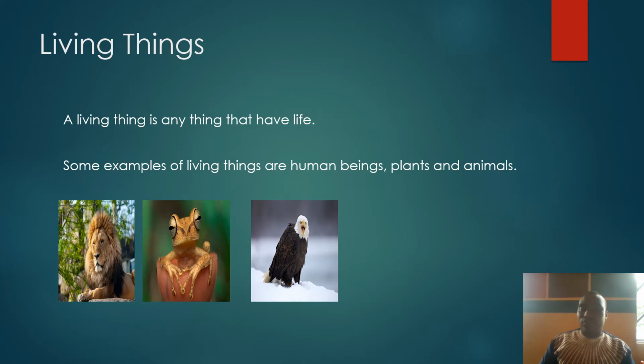You can see a lion, a frog, an eagle. All of these animals are living things because they have life in them. We human beings are also living things because we have life in us, as well as plants. Plants are also living things because they also have life in them.